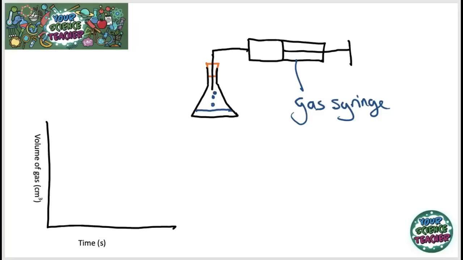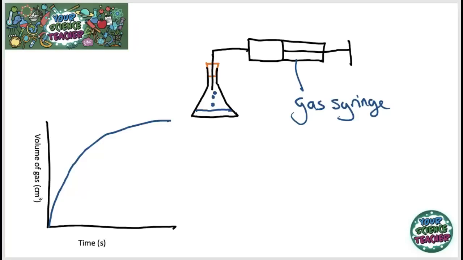What we'll notice in this practical is that as time progresses, the amount of gas produced in the reaction will slowly increase, and we'll end up getting a graph that has a shape something like this. Now, we're going to talk about why we have this shape of graph. It's because during a reaction, the reaction over time is going to start to slow down.